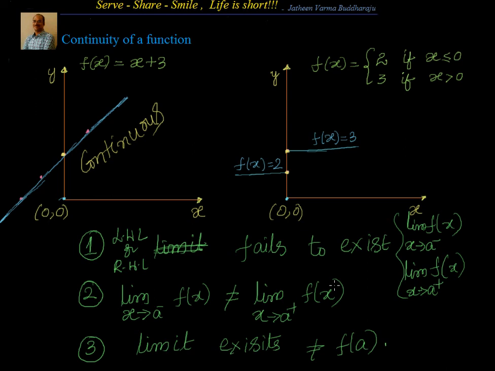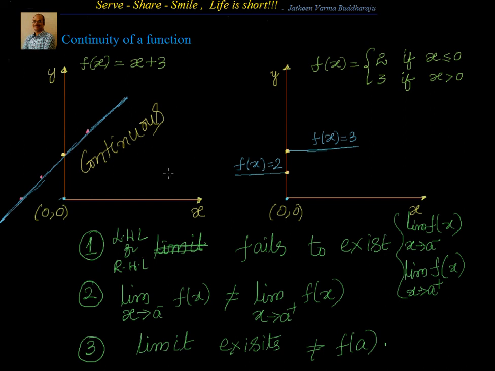Let us summarize this. A function is said to be continuous at a particular point if and only if the function is defined at that point and the left hand limit and the right hand limit at that point exist. That means the limit at that point exists and is equal to f of a. If you are trying to find out whether the function is continuous at x equal to a, and these three conditions are satisfied, then we call the function continuous at that point.